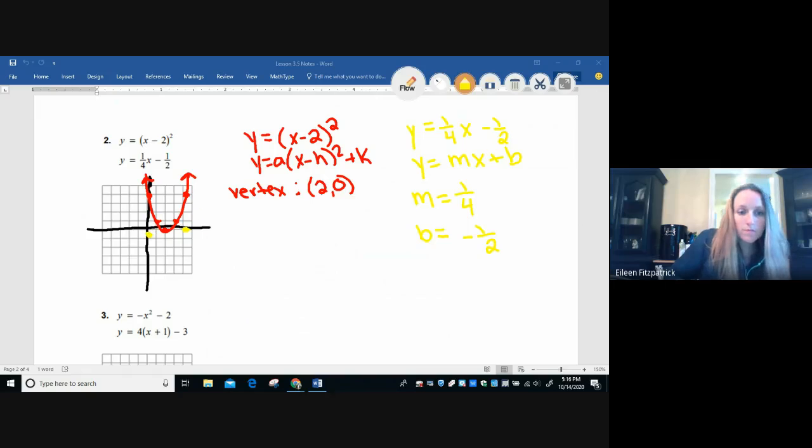Oh, sorry guys, that's not in the right spot because I forgot where my y-intercept was. So ignore that point. Let me see if I can erase it and try that again. I wasn't counting correctly as I was graphing. So remember, you're at -1/2. So up 1 would be up here, halfway between 1 and 2. So that's up 1 and then over 1, 2, 3, 4.